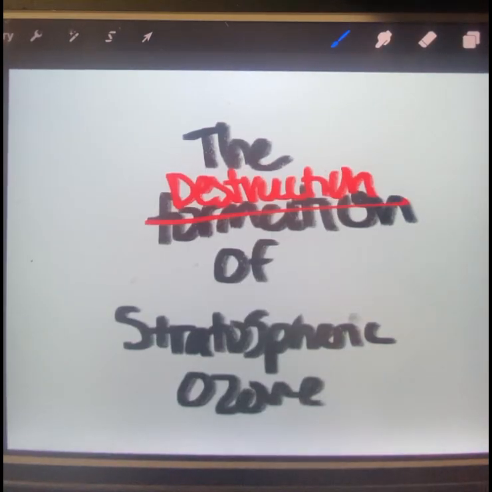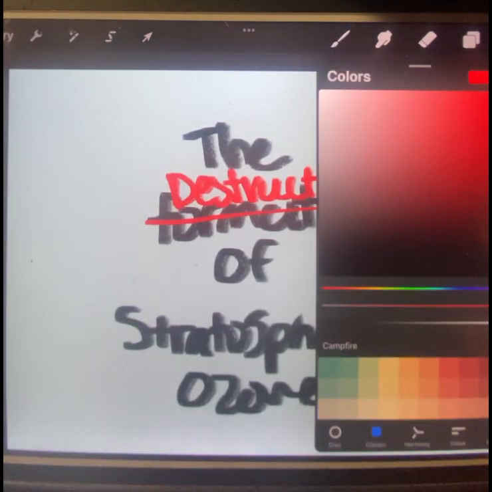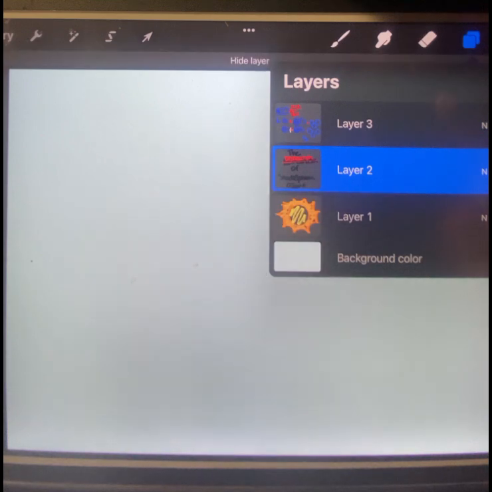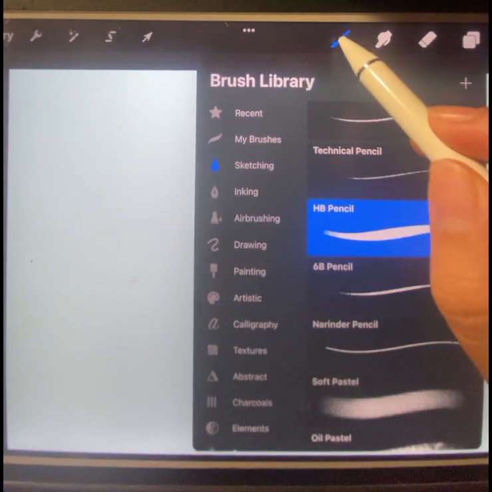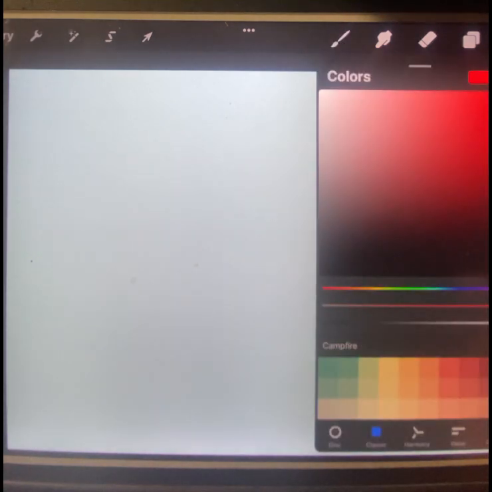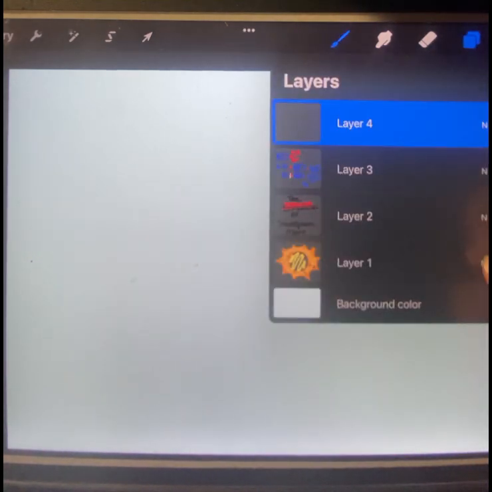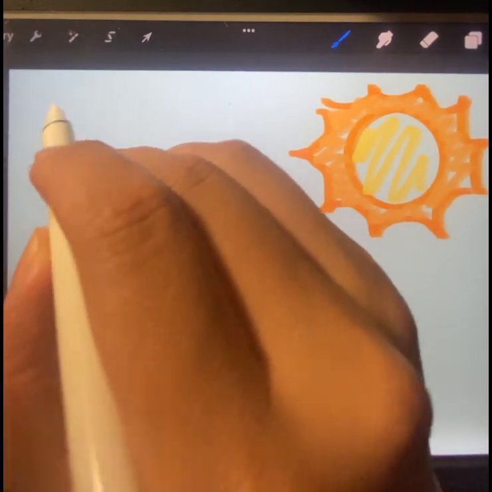Now we have the destruction of stratospheric ozone. This time, since the destruction of stratospheric ozone is a reversible reaction, we also need the sun again.